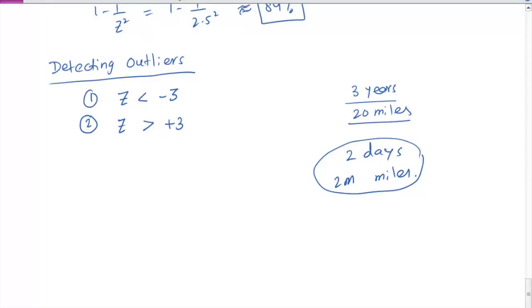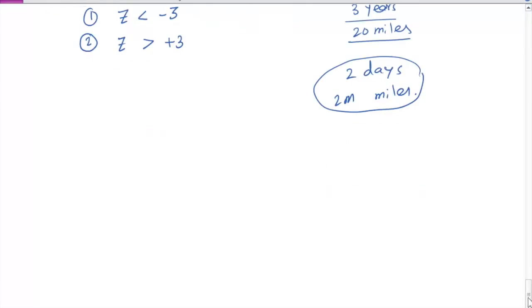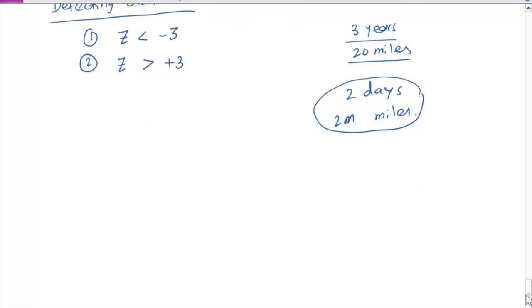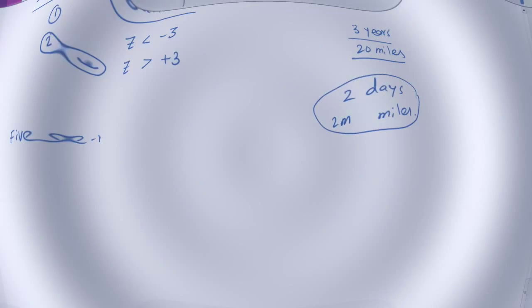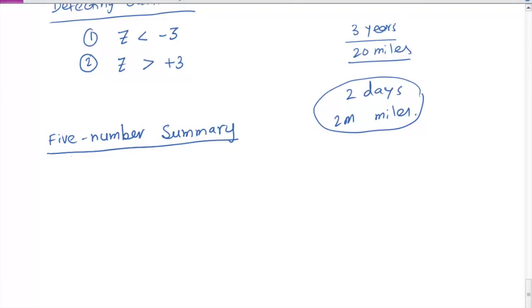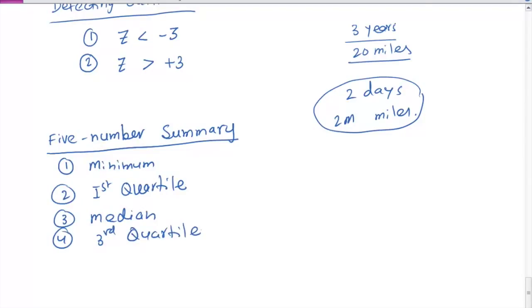Now another way people like to look at numerical summary is the 5-number summary. Those 5 numbers are, and this data is also sometimes represented graphically in the form of what is known as a box plot.